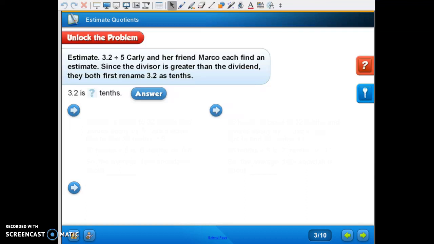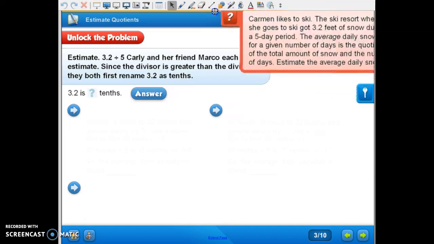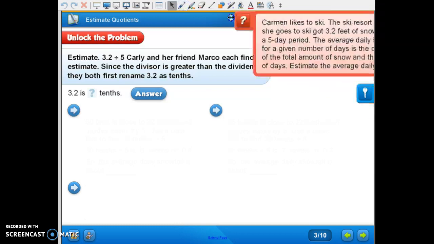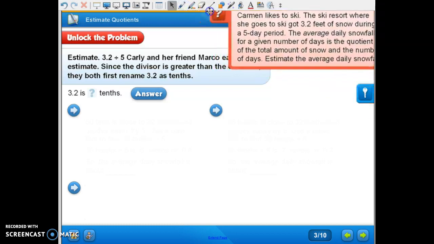Here's our story for the day. It says Carmen likes to ski. The ski resort where she goes to ski got 3 2/10 feet of snow during a 5-day period. The average daily snowfall for a given number of days is the quotient of the total amount of snow and the number of days.